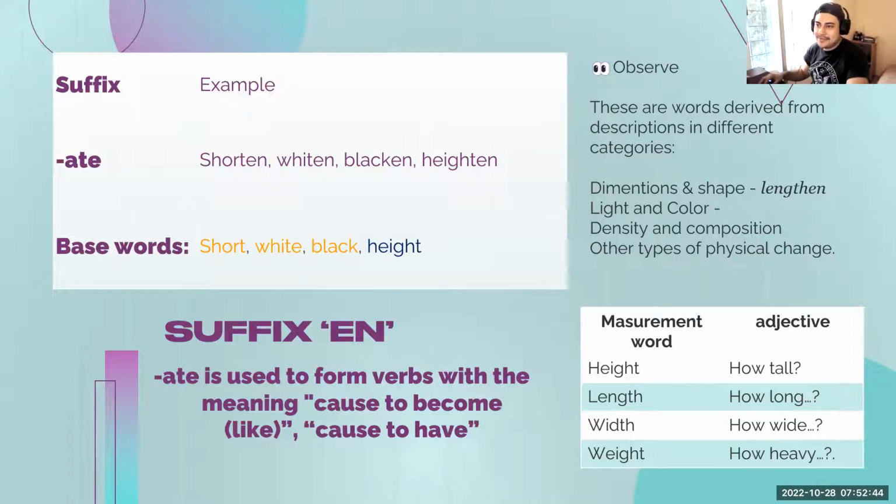Is this new for you? Or have you seen this word? Okay, this is new. I get it. Width, length, height, weight. I am missing one. Memory. What happened to my memory?